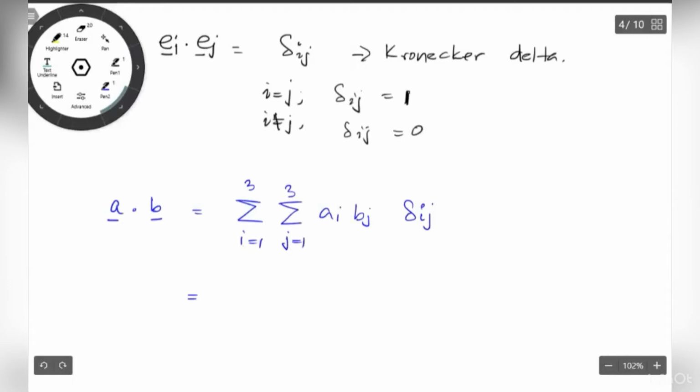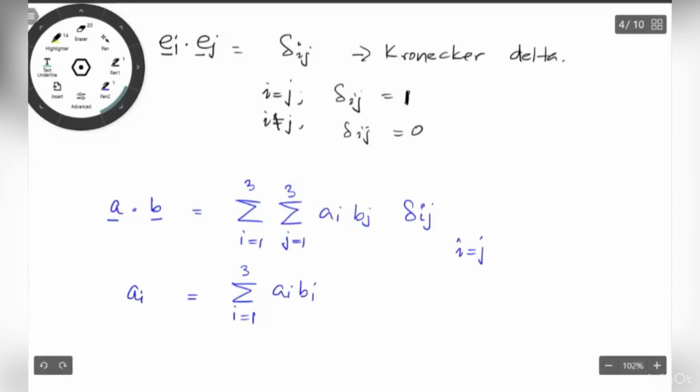We will have 9 terms, and out of 9 terms, 6 terms will have delta ij where i is not equal to j, and 3 terms will have delta ij where i is equal to j. You can expand the summation and find that out as well. Finally, we remove the terms where i is not equal to j, and that gives us the summation over i equals 1 to 3, where i is equal to j, of ai bi.